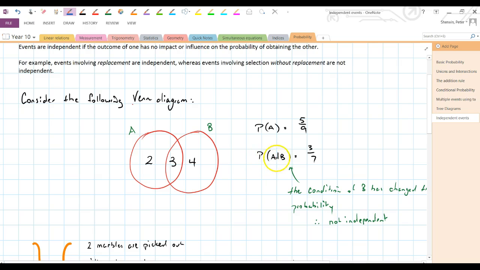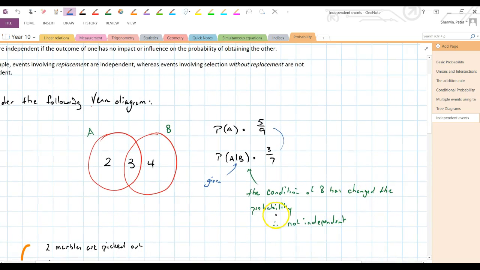But the probability of A given B, remember this means given B. If I'm only selecting from B, I've only got 7 to choose from. The probability of A given B is 3/7. These probabilities are not the same. Putting in the condition of B has changed the probability.